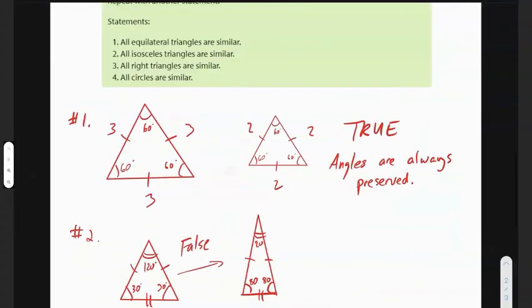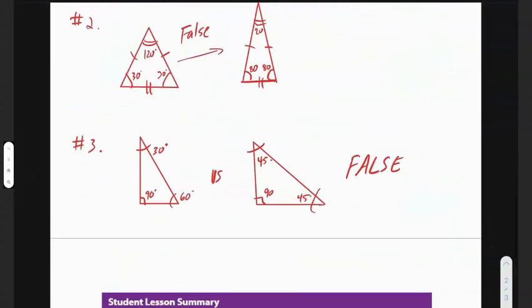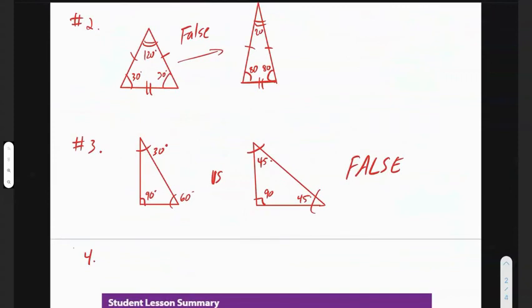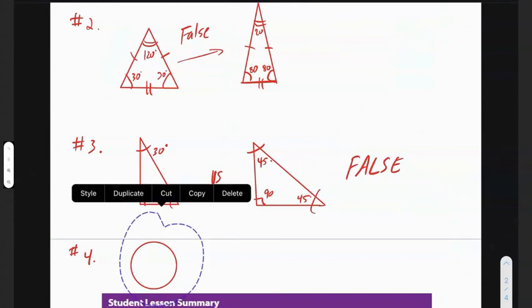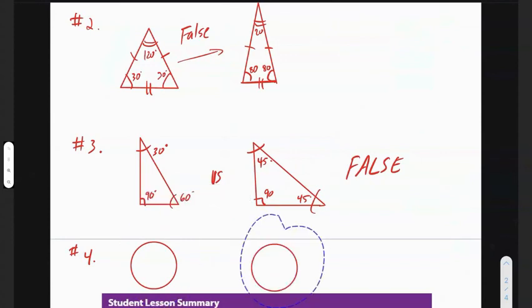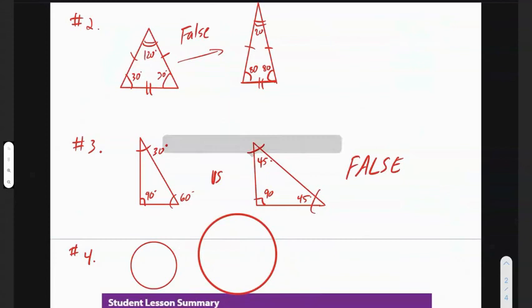Number 4, all circles are similar. That is true. All right, you've got this circle. Copy, paste to this circle, but it doesn't matter.